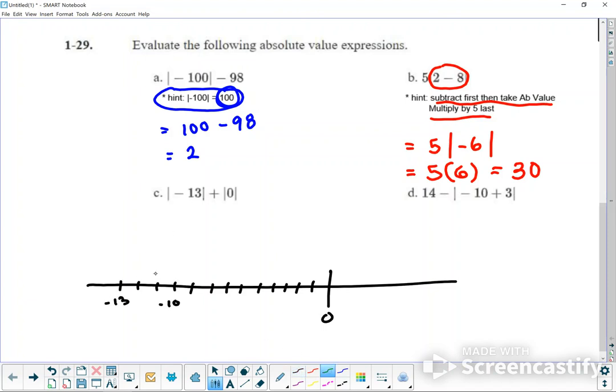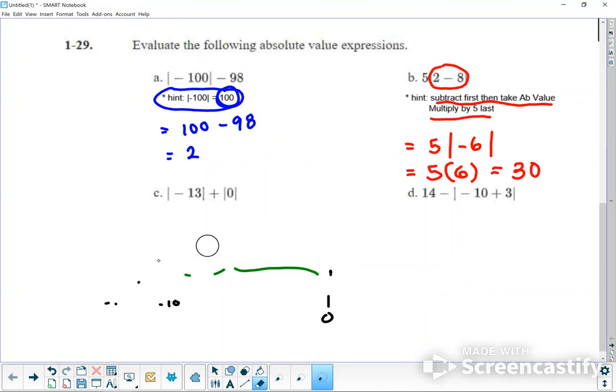So when we say absolute value, we want to know how far negative 13 is away from 0, and we say that that's a distance of 13. So yes, absolute value makes everything positive, but what it really is is the distance away from 0. So the absolute value of negative 13 is just 13.